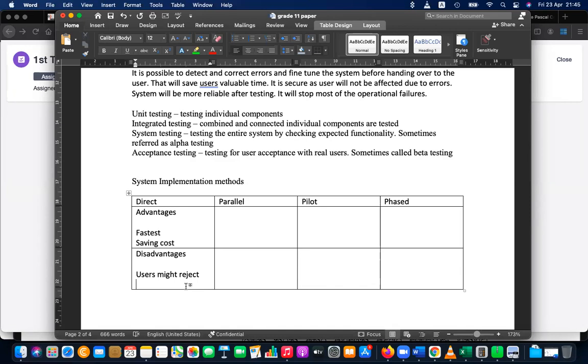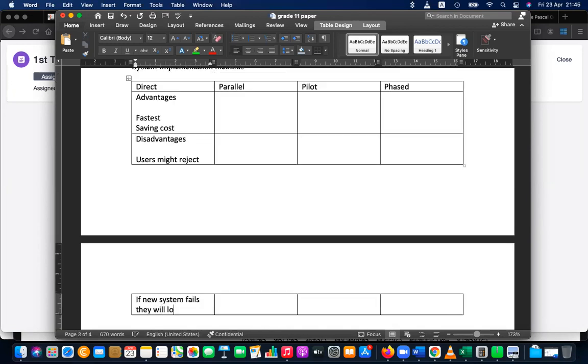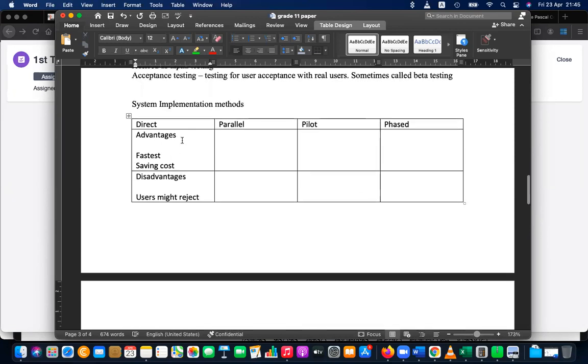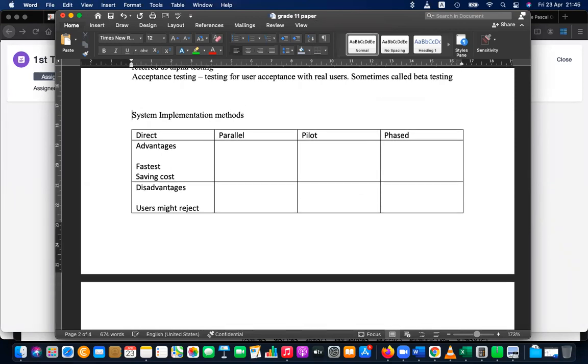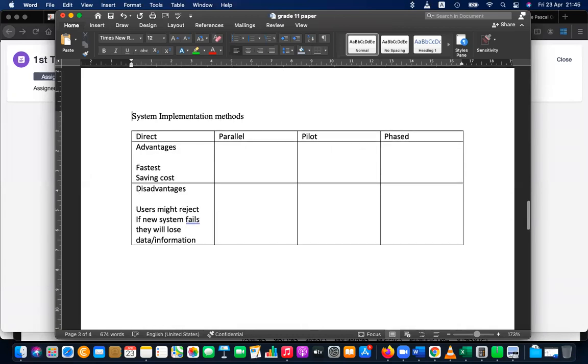And if the new system fails, they will lose data and information. That is a risk. It's risky.